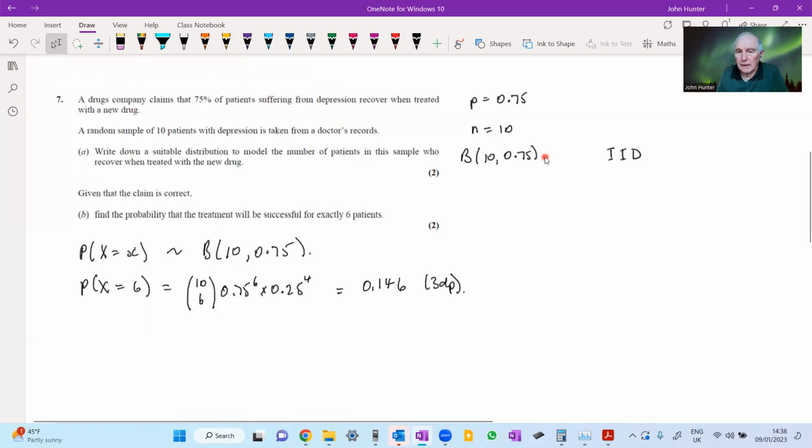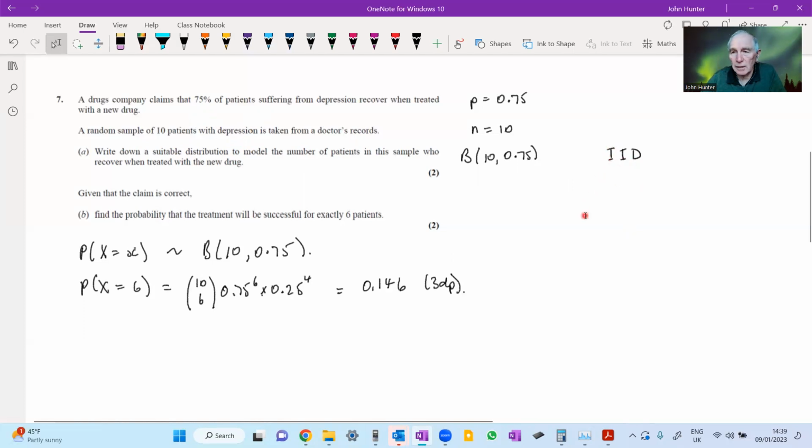D, and this basically means that each of the responses from the patients has to be independent, and they have to be identically distributed. So they have to follow the same probability distribution, but they have to be independent.